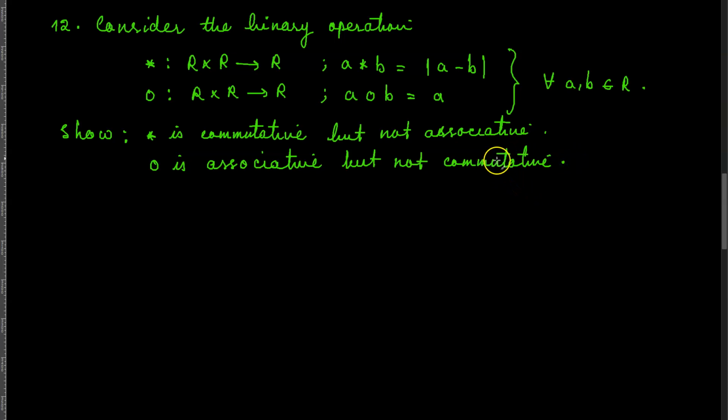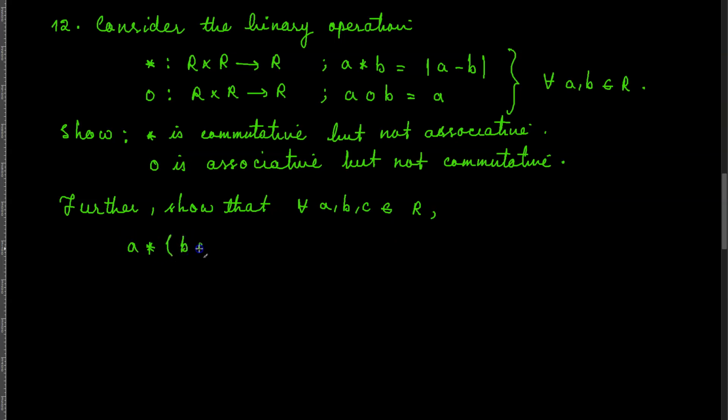and further show that for every a, b, and c belonging to R, a star (b O c) is equal to (a star b) O (a star c).